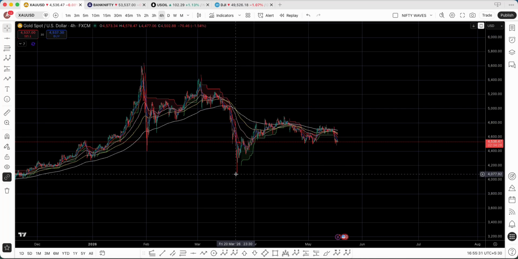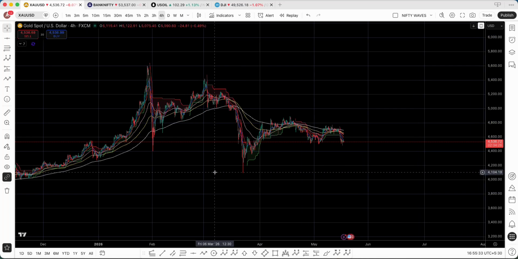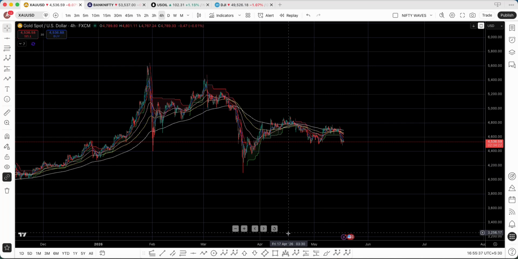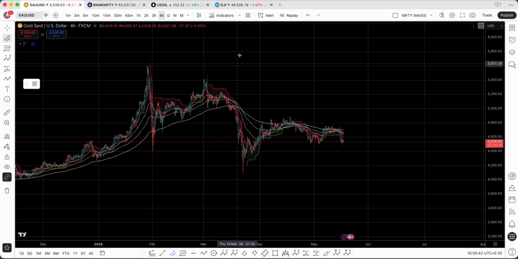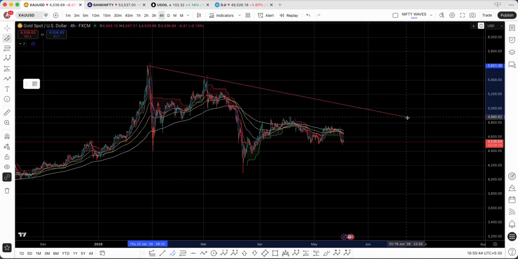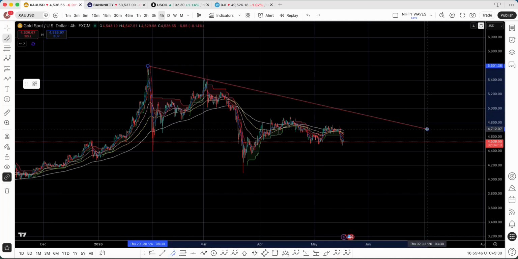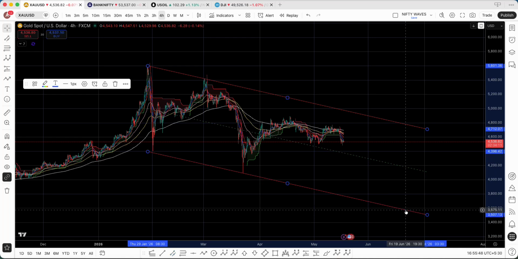Now, the very last pattern that we're looking at is a bit of a complex correction. Again, the channel still holds true in this pattern, although we don't need to go to the bottom of the channel.